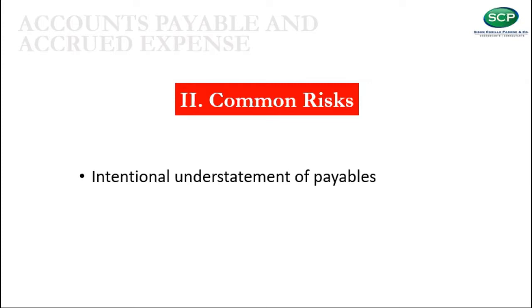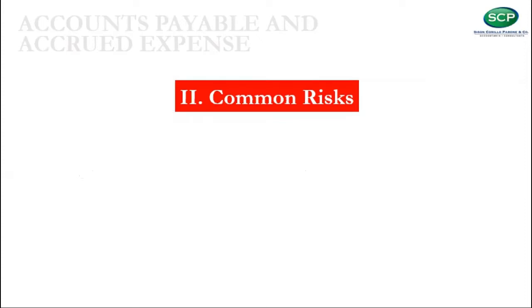So companies that desire to present better financial statements to their stakeholders may manipulate their liabilities by intentionally understating them by, for example, not performing proper cutoff of liabilities and expenses or intentionally not recording some of them. We must therefore ensure that proper auditing procedures are performed to address this risk of understating liabilities by companies.